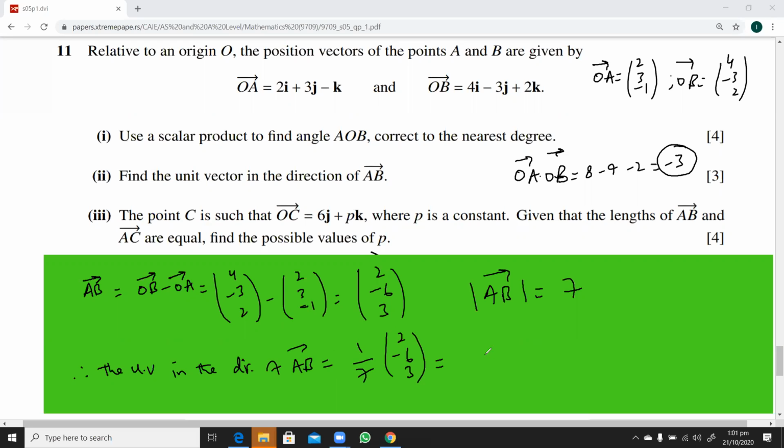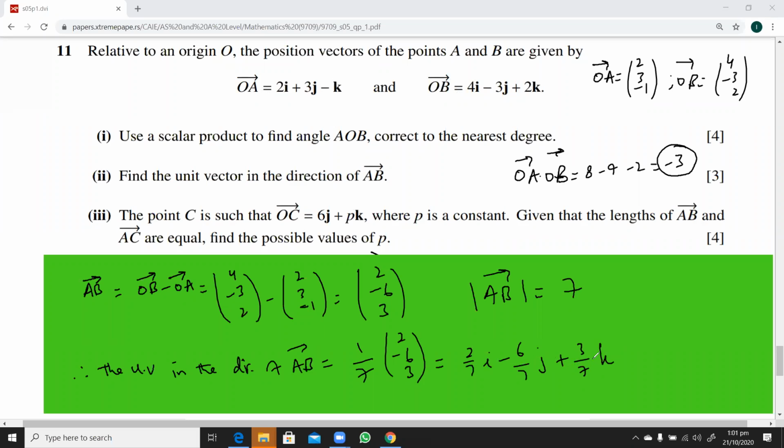You can write it as 2 over 7 i minus 6 over 7 j plus 3 over 7 k. Though we are working in this matrix form, it's better to give the answer in the examiner's terms. Like he's writing the Cartesian form, so you can give the answer at the end in Cartesian form, okay?